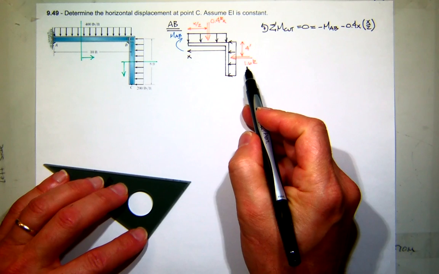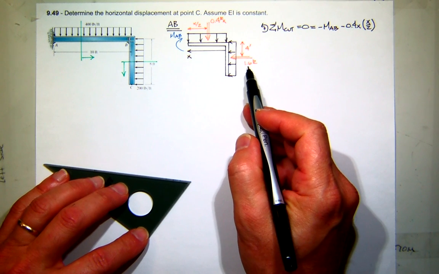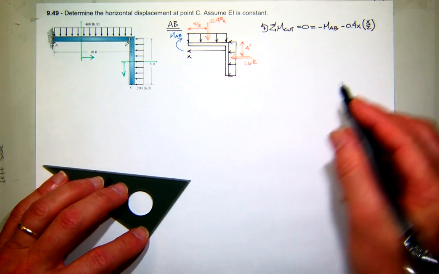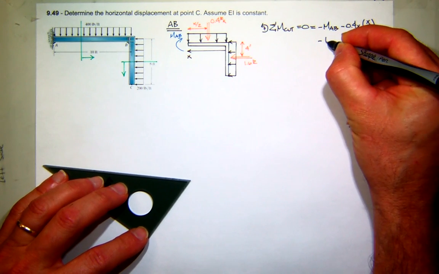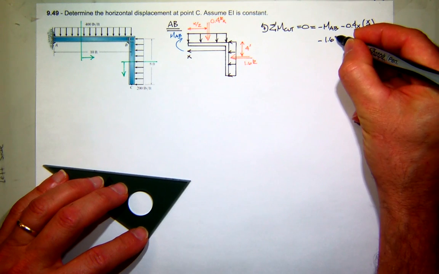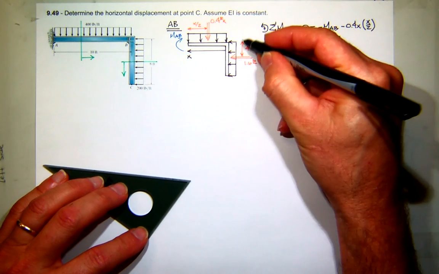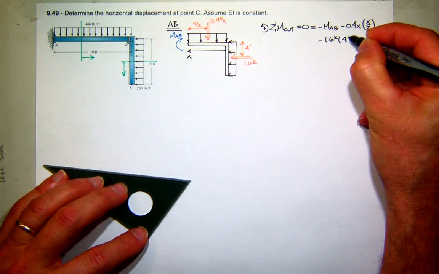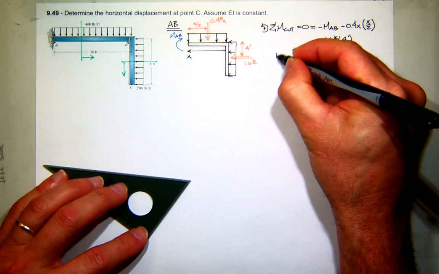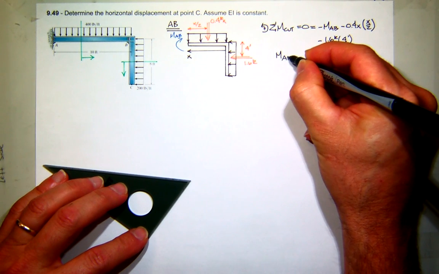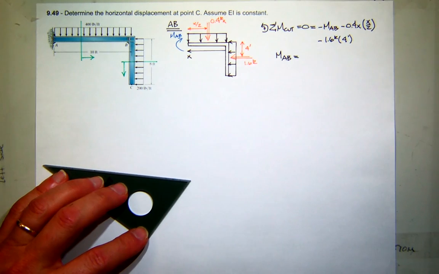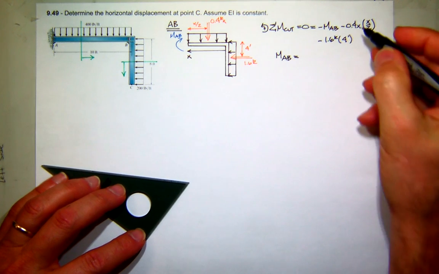And then I've got this 1.6 kip force. What kind of moment does it create about the cut? Negative. And that has a moment arm of 4. So I should be able to solve for the moment in AB. So what would that be?